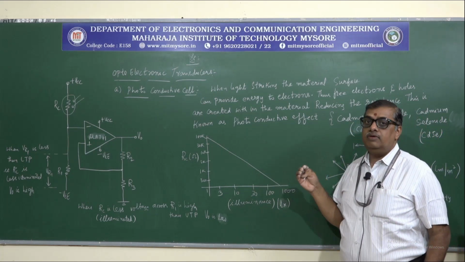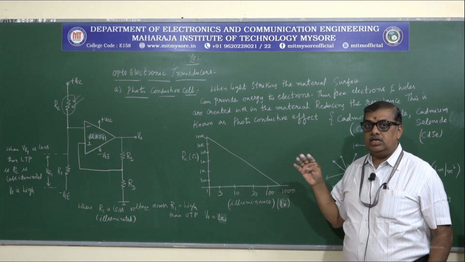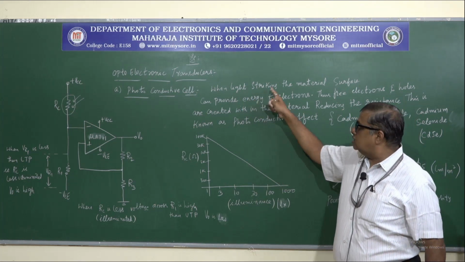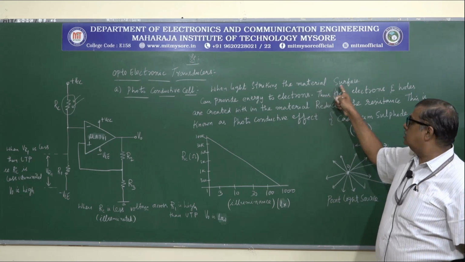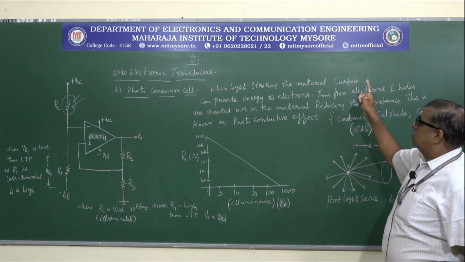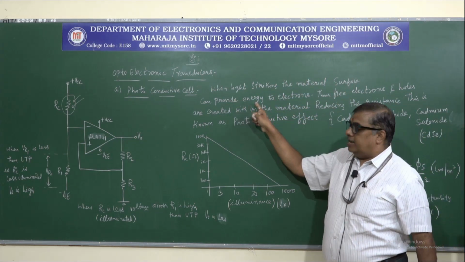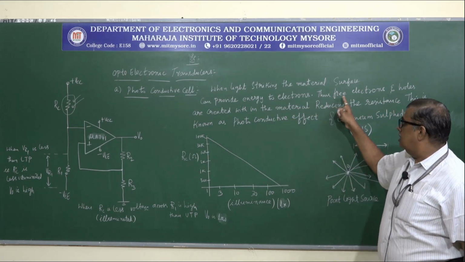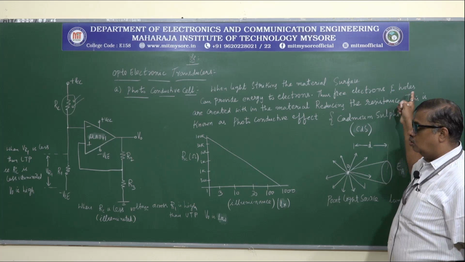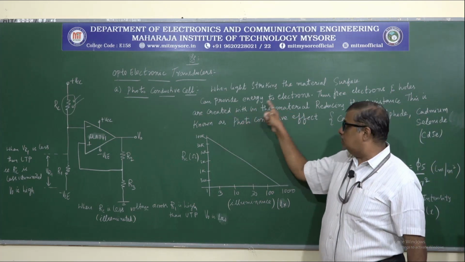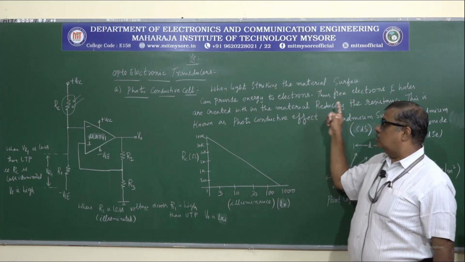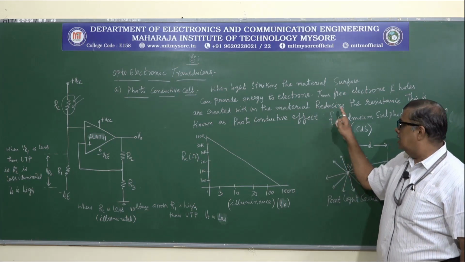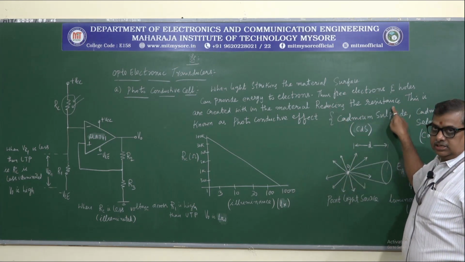As you know, when current is flowing, resistance should decrease. So that is what it says: when light strikes the material surface, it provides energy to electrons, so free electrons and holes are created within the material. When the charge carriers are created inside the material, it reduces the resistance.